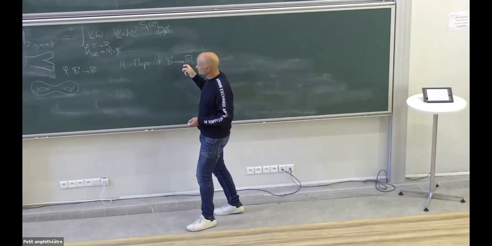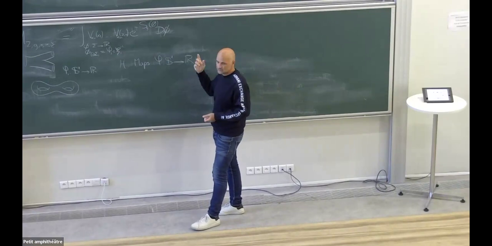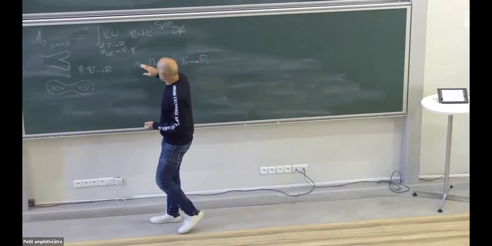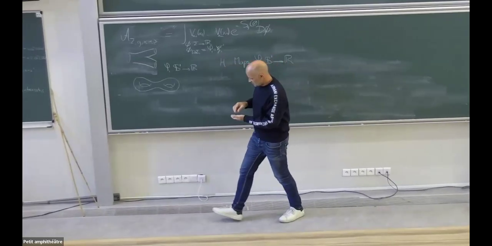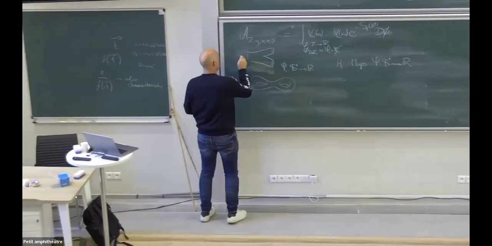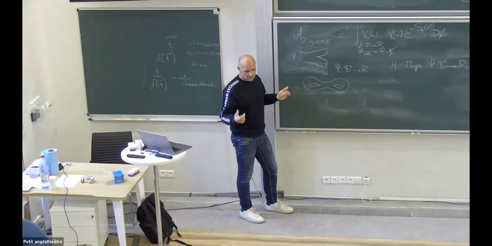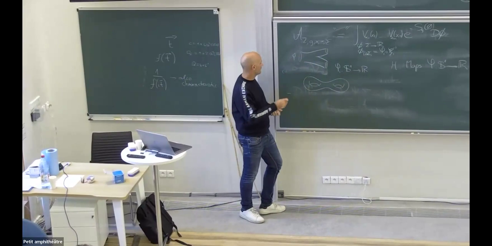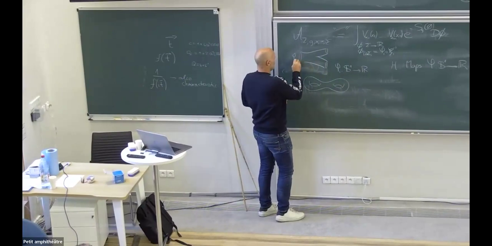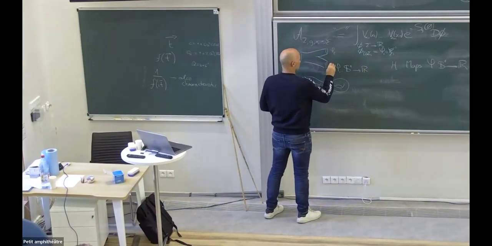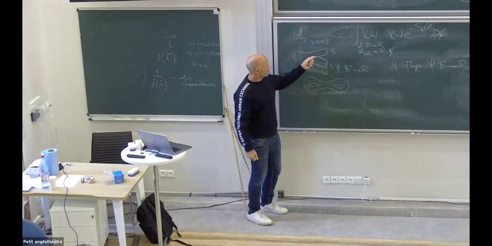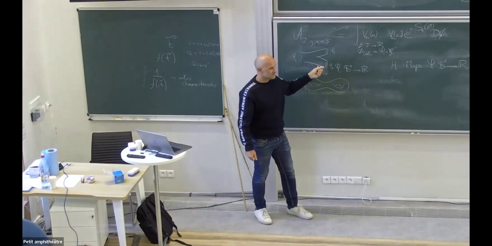You consider, for instance, H to be the L2 space with respect to this measure. That gives you a Hilbert space, and to each boundary component you can attach a copy of the Hilbert space. So you will have phi 1 here, phi 2 here, 3 boundary components. And so you try to compute this path integral given this boundary condition.